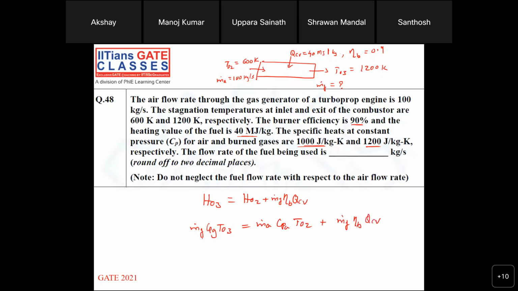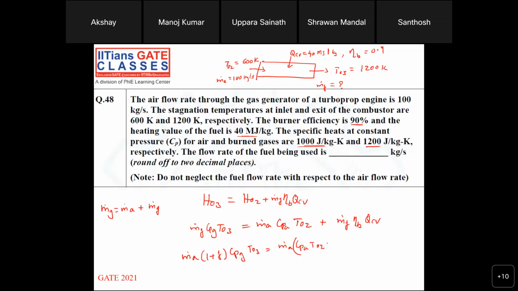Now I use m dot G from my continuity, that is nothing but whatever mass is entering should be equal to whatever mass is exiting. Two masses are entering, air and fuel, so gas is exiting. That is conservation of mass. So if I write m dot G in terms of that, I can take m dot air outside, that becomes 1 plus F times CPG times T03, which is equal to m dot A CPA T02.